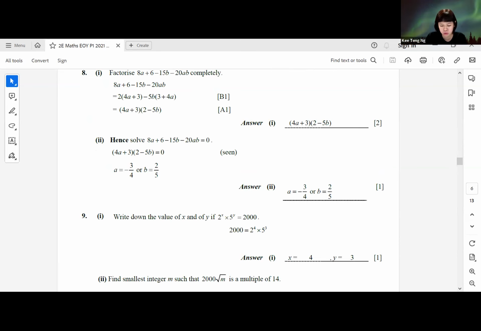Now I'm going to go through 2021 paper 1. Give me a minute, stop sharing.